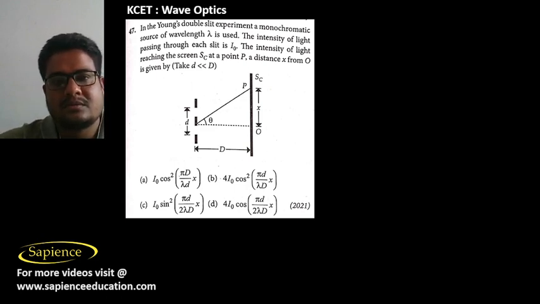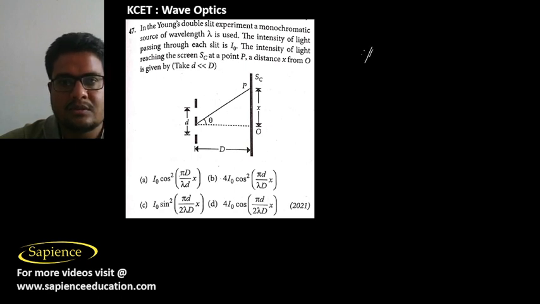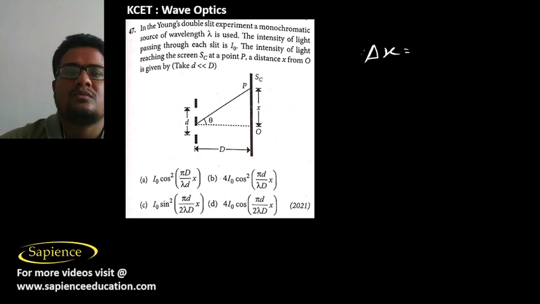So here we know that the path difference between the two waves will be equal to d sine theta.